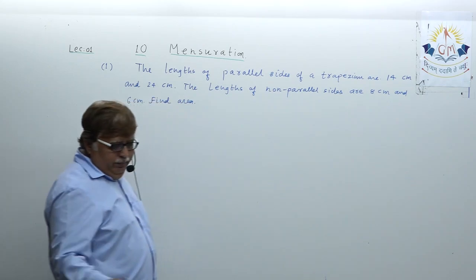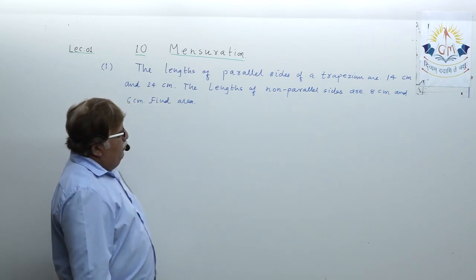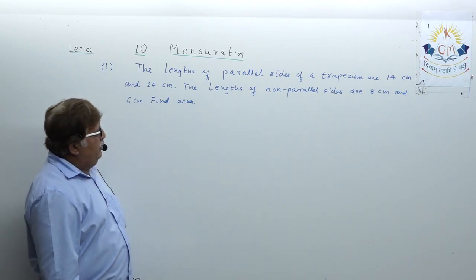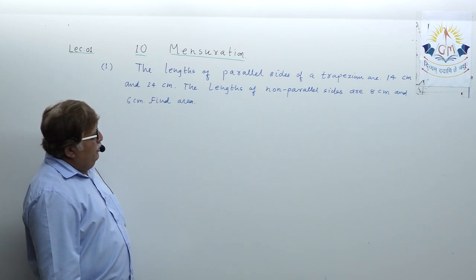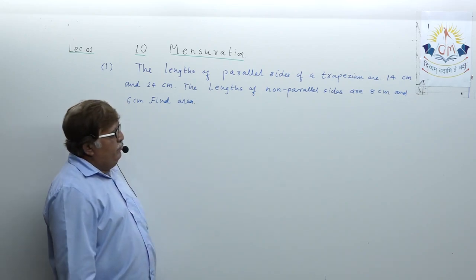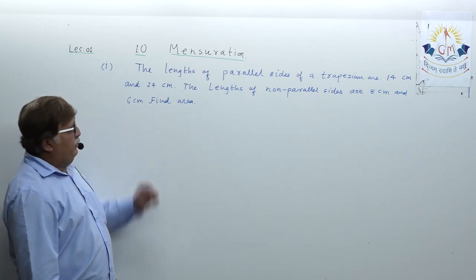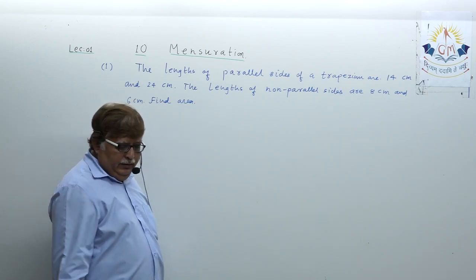that length of parallel sides of trapezium are 14 centimeter and 24 centimeter, and the length of non-parallel sides are 8 centimeter and 6 centimeter. Find area.